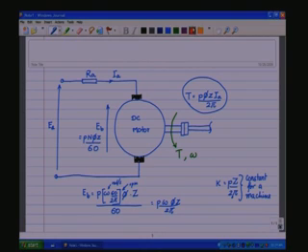So, therefore, torque is equal to K phi Ia, and EB is equal to K phi omega.